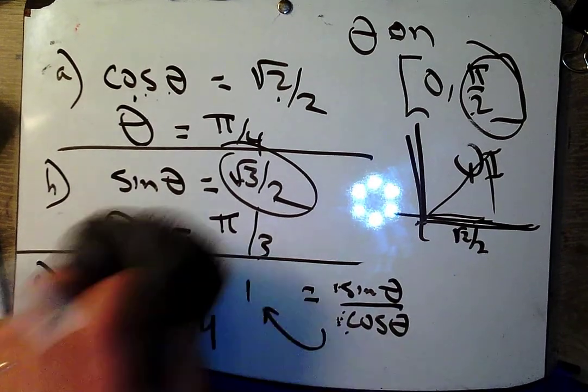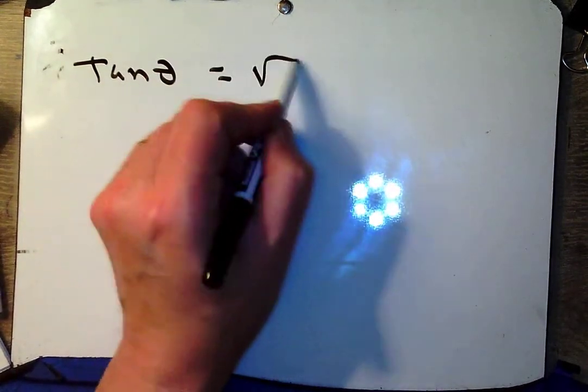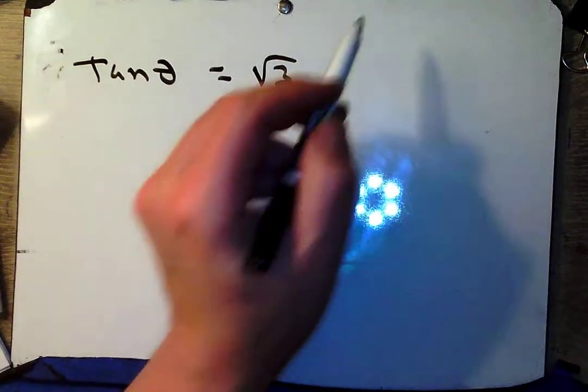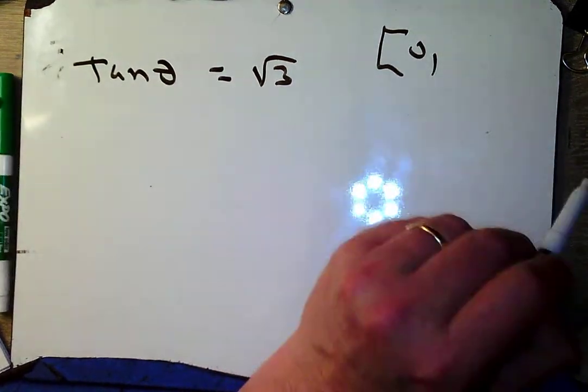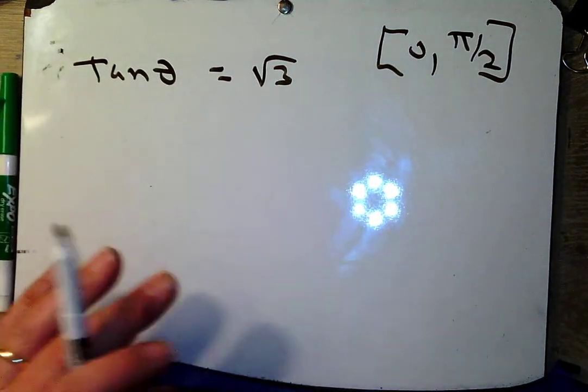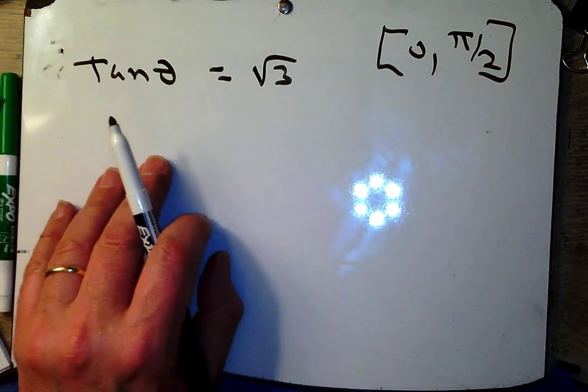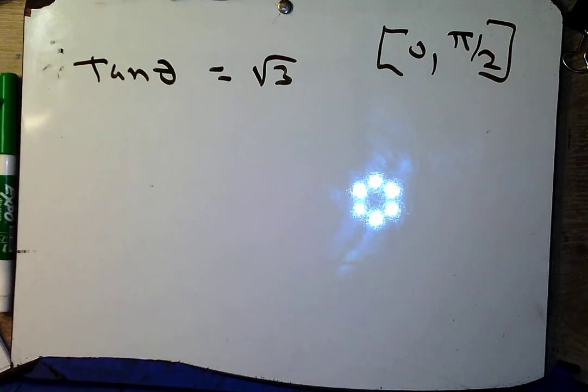Okay? What if they gave us tangent theta equal to root 3? And we're still looking only for solutions on 0 to pi over 2. So there's generally going to be only one solution for us in these problems. So, yeah, I don't recognize that from the unit circle.